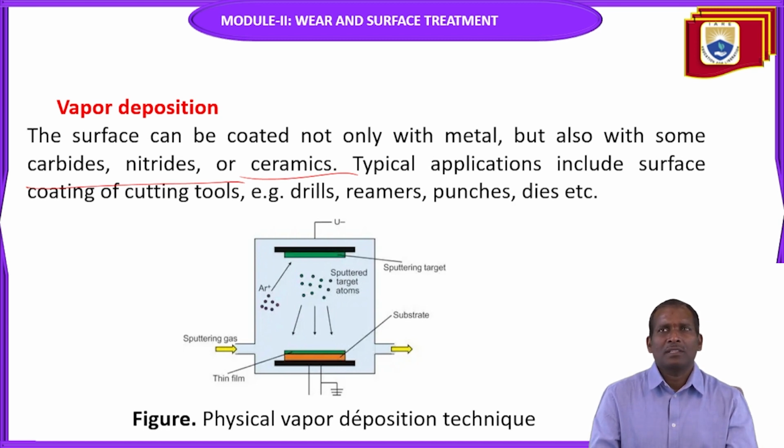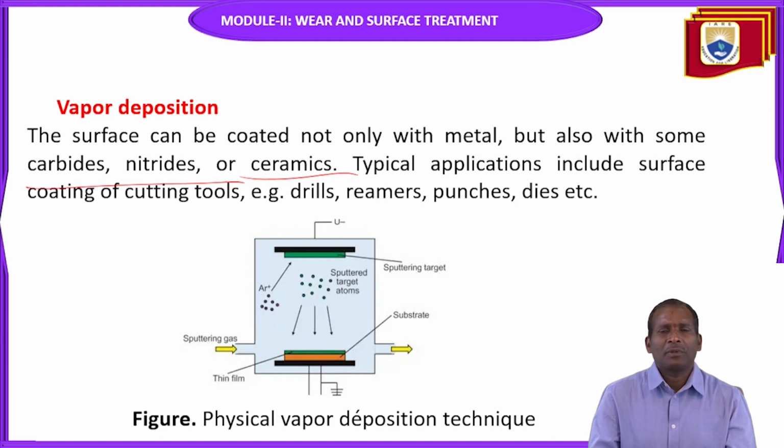The typical applications include surface coating of cutting tools, for example drills, reamers, punches, dies, etc. All these cutting tools are coated by using this vapor deposition method.